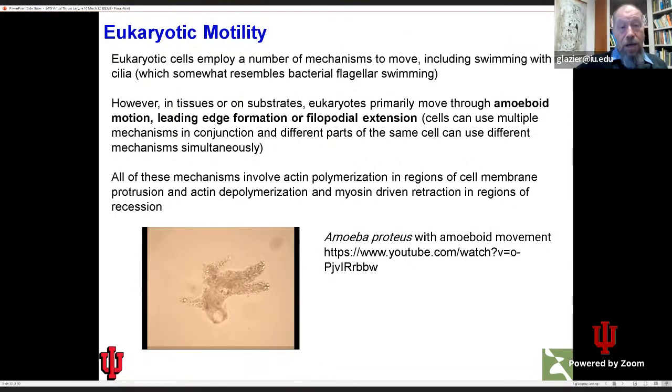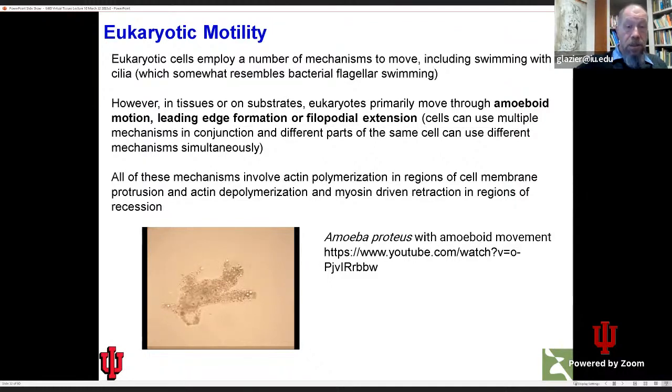There are a number of different kinds of forward movement. Amoeboid motion, which is being shown here, leading edge formation, which is typical of cells crawling on flat substrates. Keratinocytes are the classic example of that.